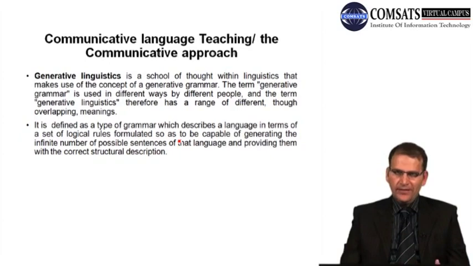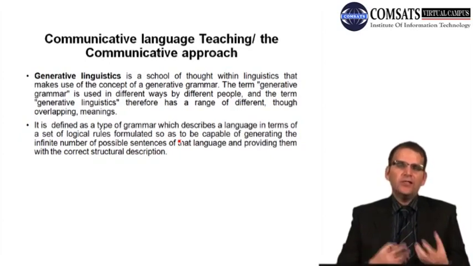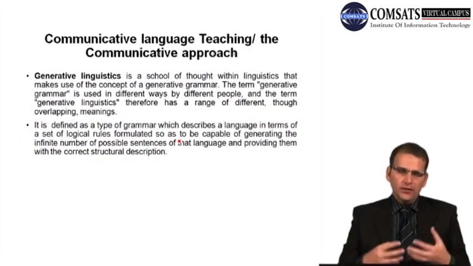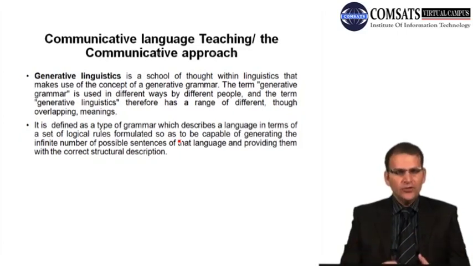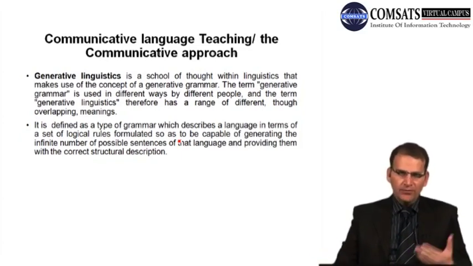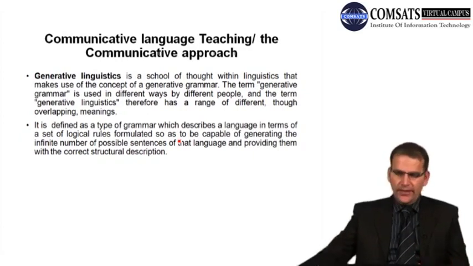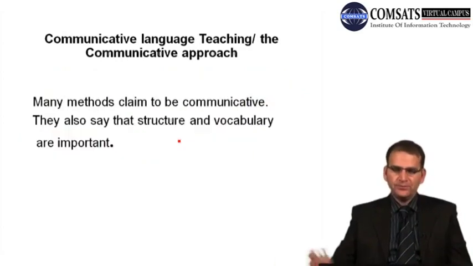Very simply, this is a grammar that helps us formulate as many sentences as we can, because it gives us a set of rules. Is that clear? You must have discussed generative grammar in your linguistics paper, so you can see the details there.